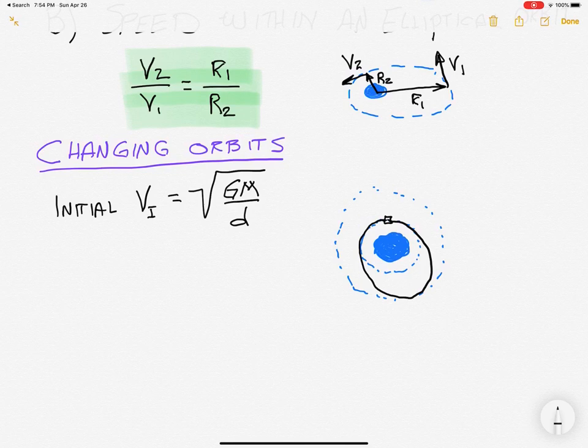is now serving the role, so let me get down to this. D is now equal to the inner, for our ellipse.